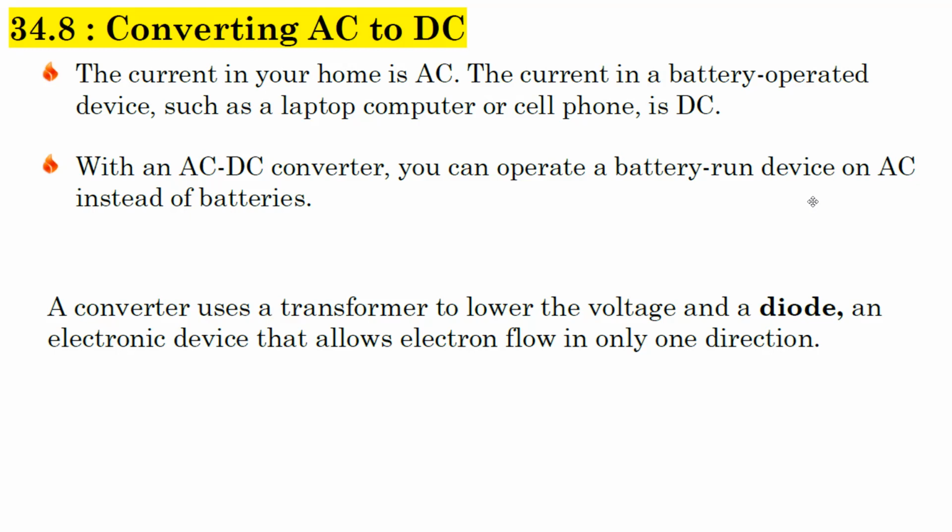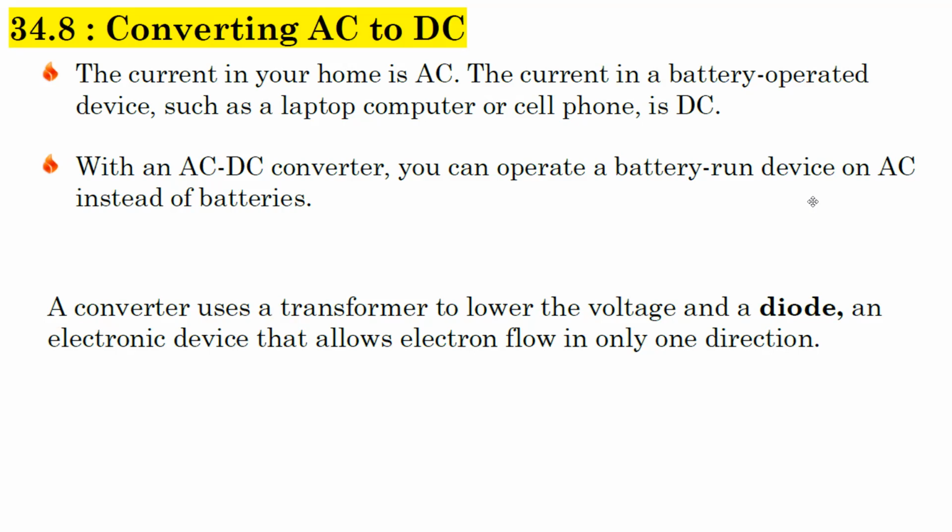The transformer is used to lower the voltage. That means in our home, we have 240 volts. But my laptop is working on 12 volts. So how can I convert 240 volts to 12 volts by the transformer? The transformer's job is to lower the voltage.